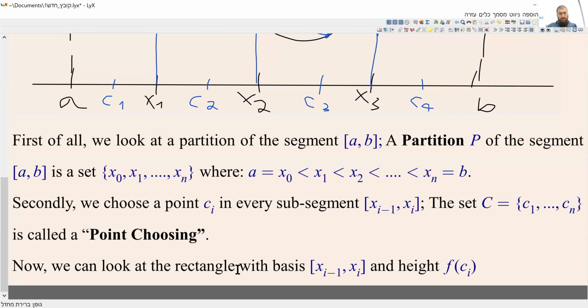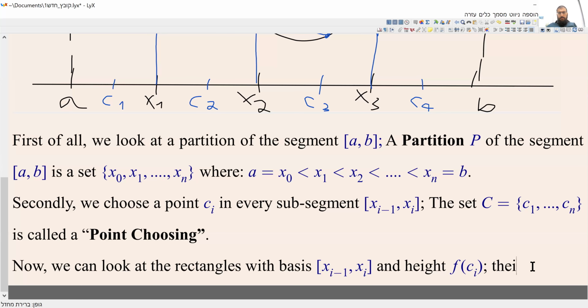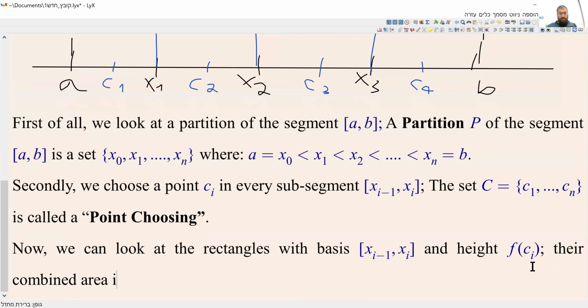The rectangles, so plural, their combined area is an approximation to the real area.